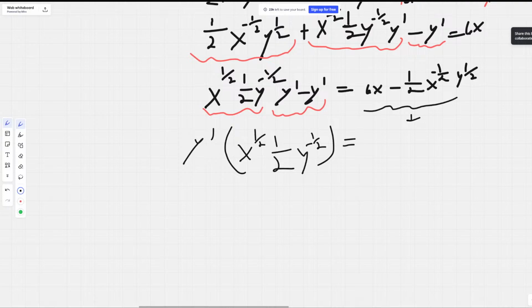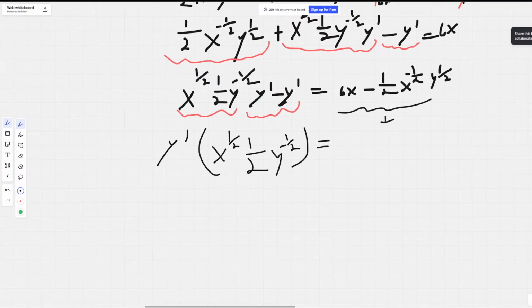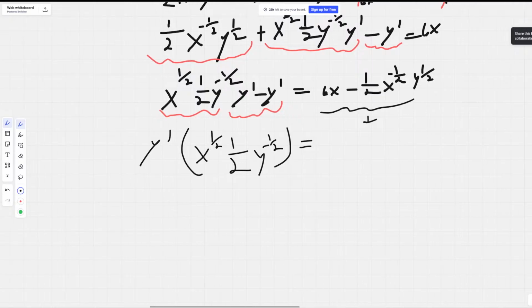Makes x^1/2 times 1/2 y to the negative half power times y prime equals 6x minus 1/2 x^-1/2 times y^1/2. Yes, perfect.